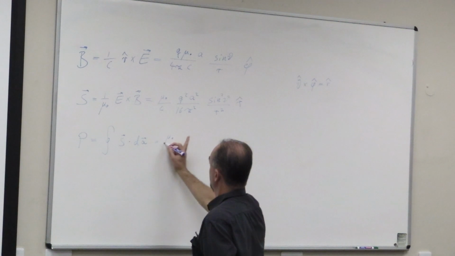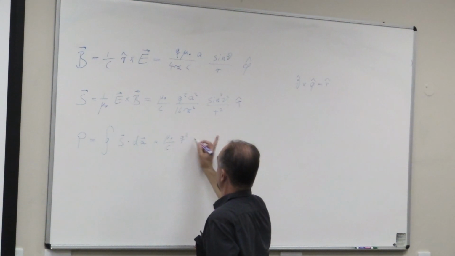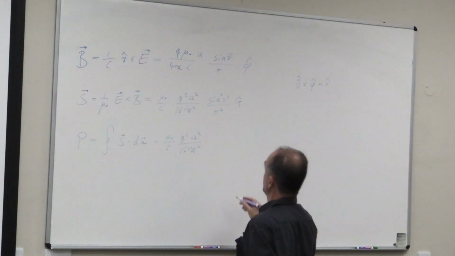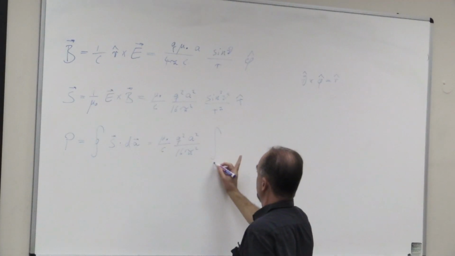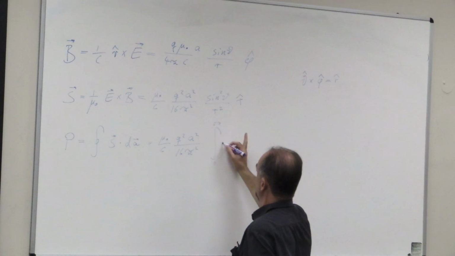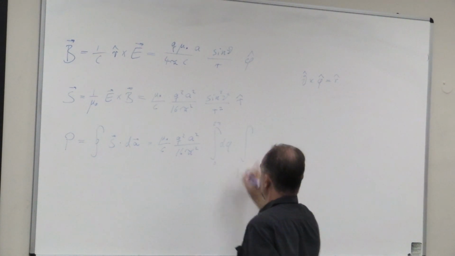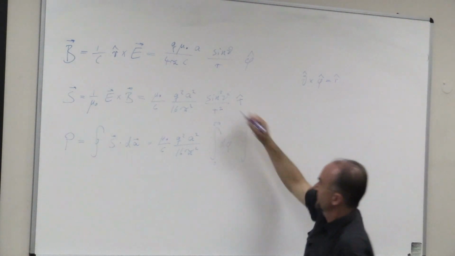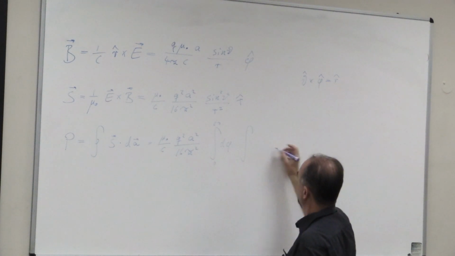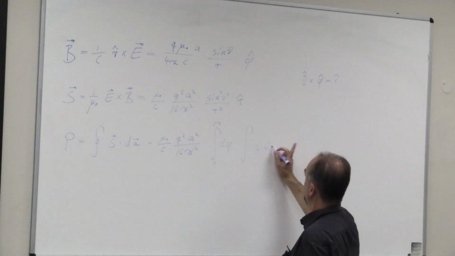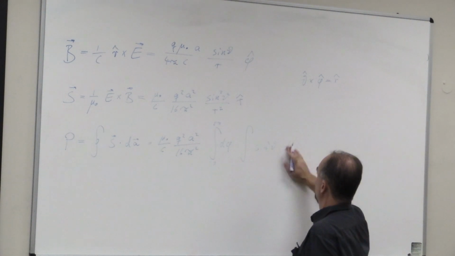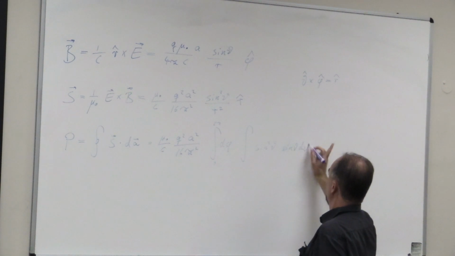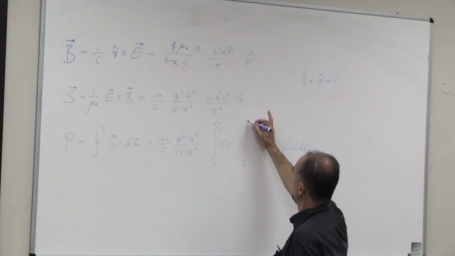So mu naught over c, q squared a squared over 16 pi squared, and then we have 0 to 2 pi, phi. And many of you kept calculating explicitly, so sine squared theta, sine theta d theta, and theta from 0 to pi.